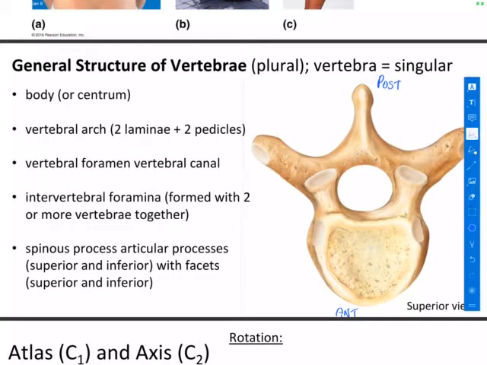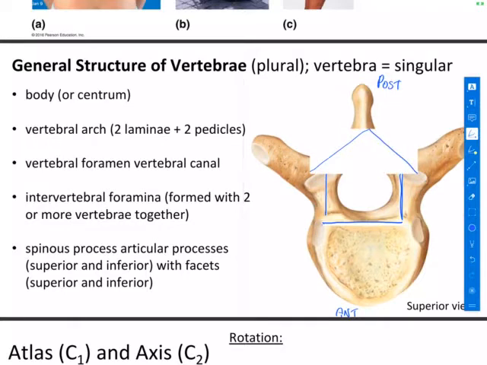And I always think about this being like a little house. The walls of the house are here. The centrum makes up the floor. And then there's a roof on the house.